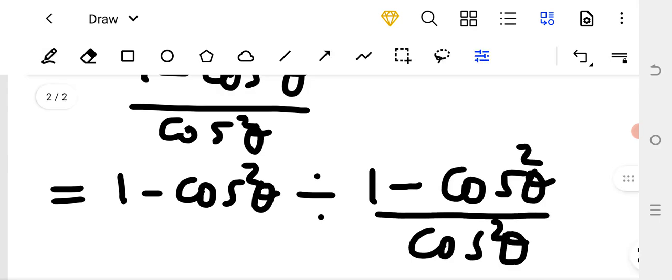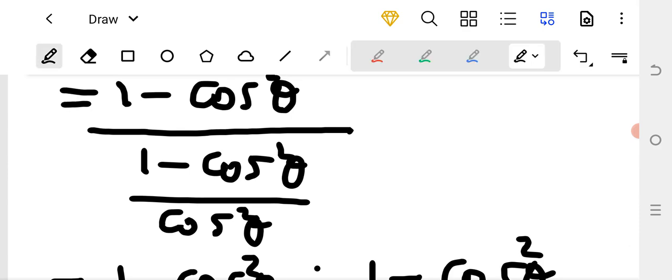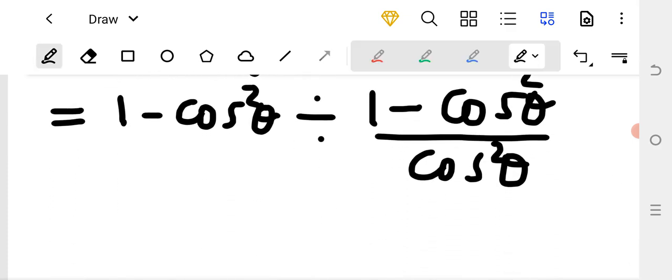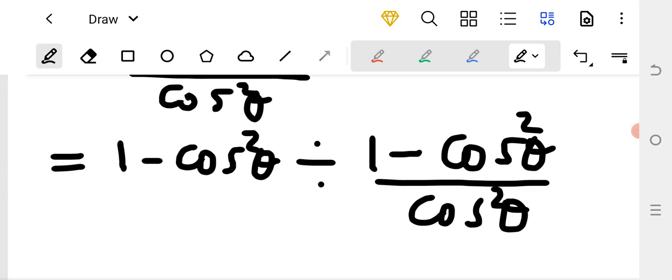If you may be wondering what I've done, I've replaced this bar with the division sign so that we can be clear on what is happening. And then this division sign here is going to change to multiplication.